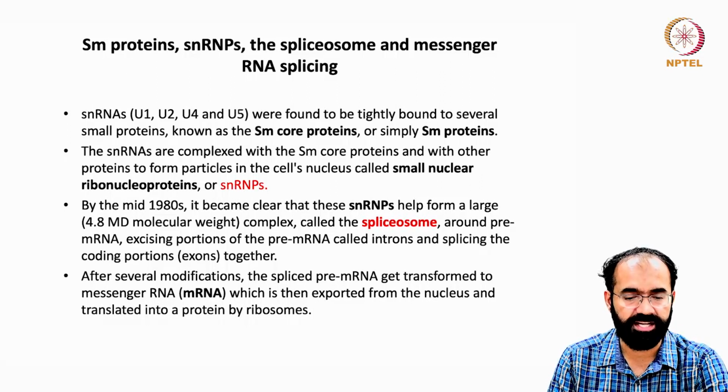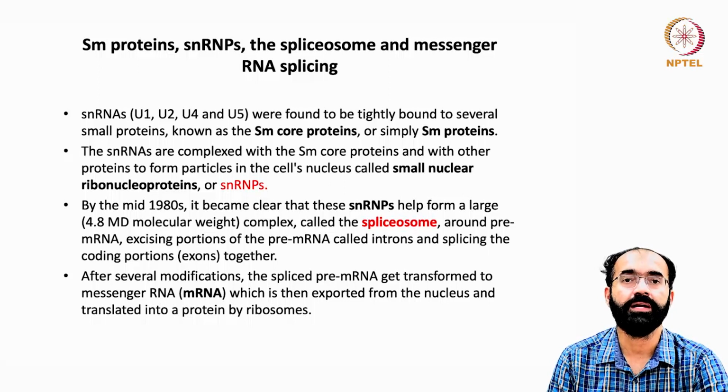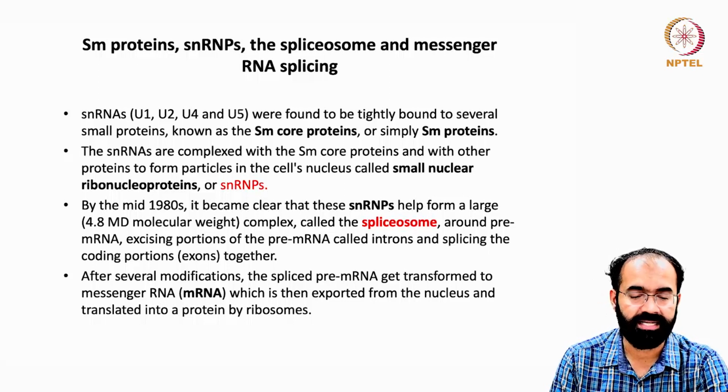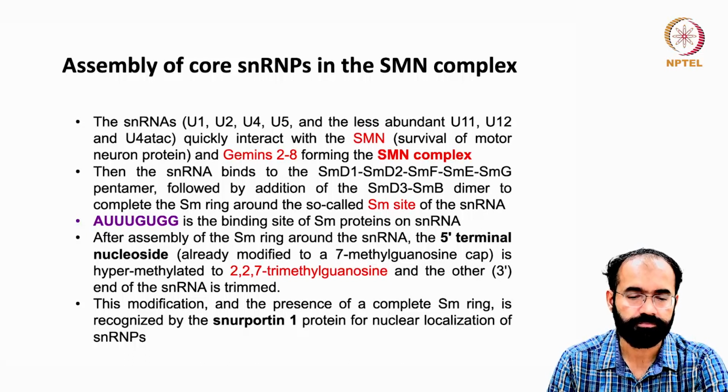After several modifications, the spliced pre-mRNA gets transformed to the mRNA that is ready for export into the cytoplasm, which is then functioning in the cytoplasm with the help of ribosomes.